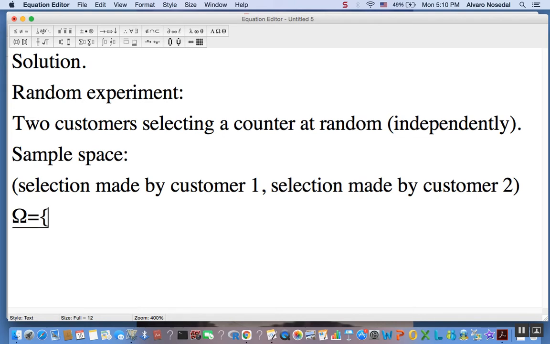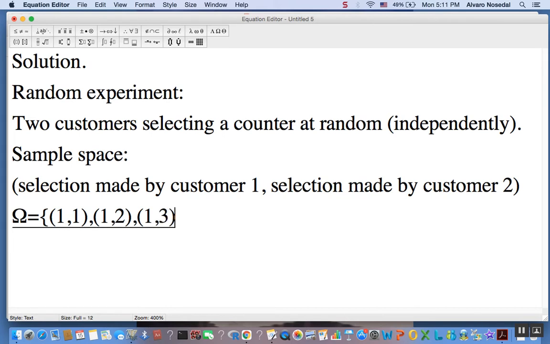For instance, (1, 1), given that I'm using that notation for the selection made by customer 1 and the selection made by customer 2, means that the first customer selected counter number 1, and the second customer also selected counter number 1. On the other hand, (1, 2) means that the first customer went to counter number 1, the second customer went to counter number 2, and so on.